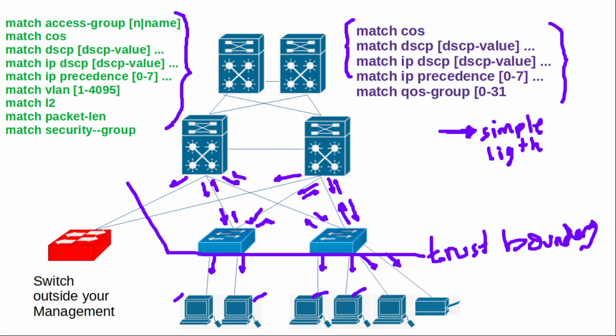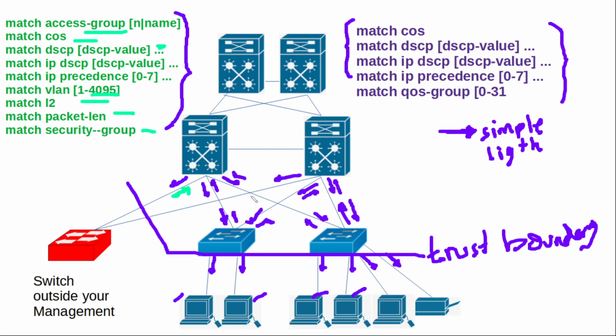Now, in order to classify traffic that comes from outside the trust boundary into my network, I am going to use these sets of commands because I am going to use all the tools available to me. I am going to match access control lists. I am going to match NBAR protocols because I want to be really detailed with the class maps.